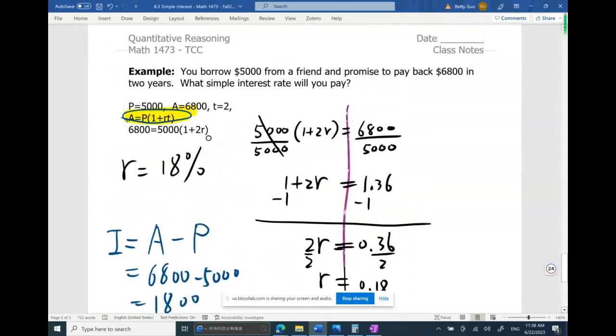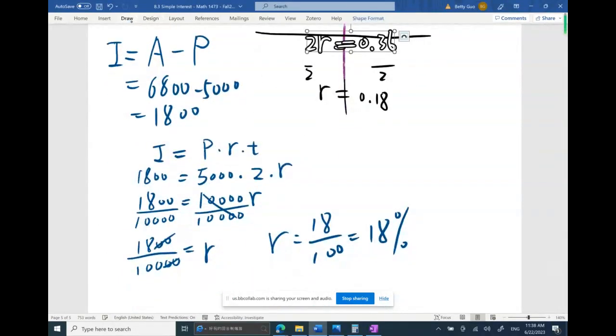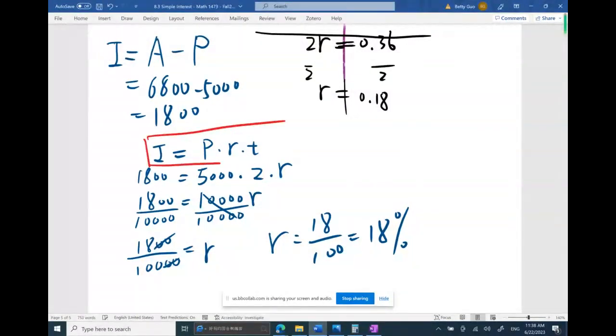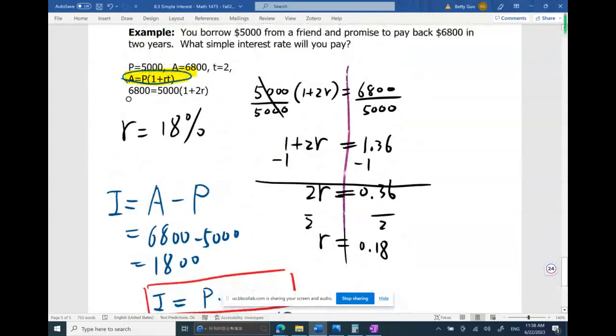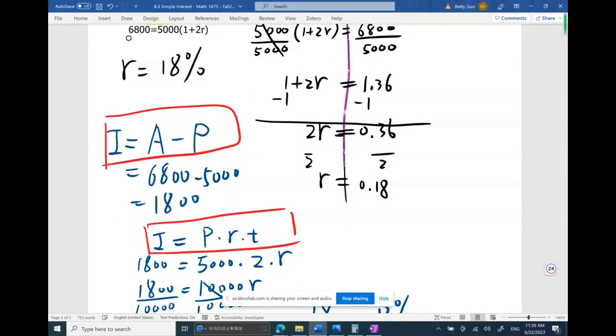So be flexible. The most important thing in this section is the simple interest formula. For the future value of the loan formula, if you want to remember it, it's good. If you don't remember it, it's totally fine. But you need to know the future value A is the sum of the principal and your interest.